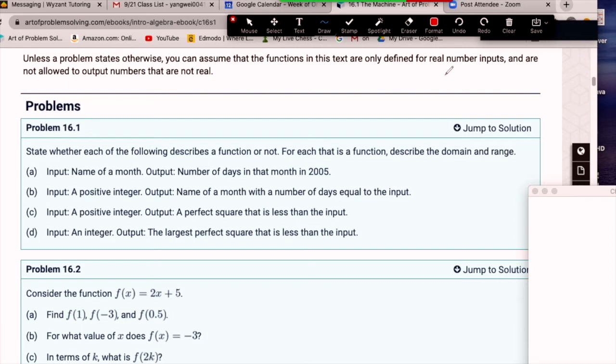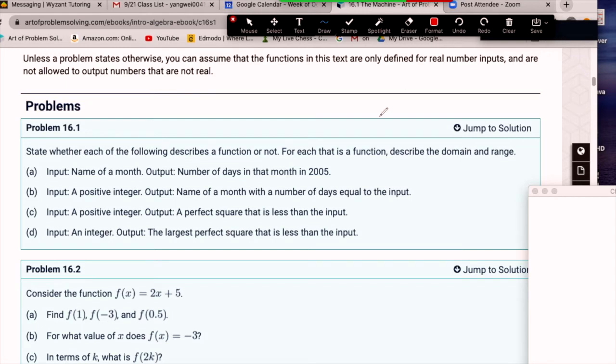Now here, they give you the number, then they ask you the name of the month with that number as its days.